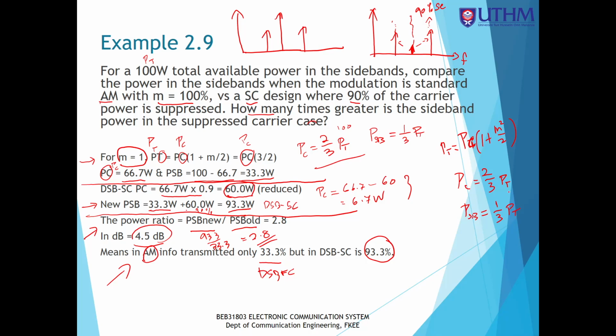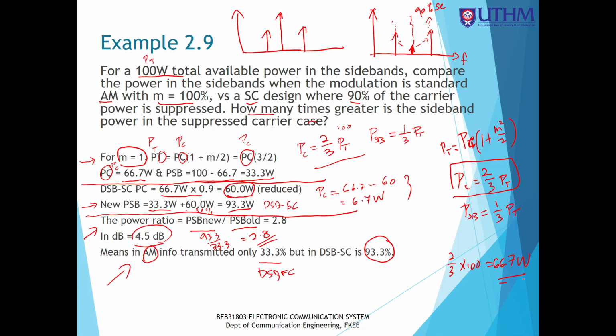So how do I get 66.7? PC is 2/3 of the total. The total power given in the question is 100 watt. So 2/3 of 100, you get 66.7 watt.